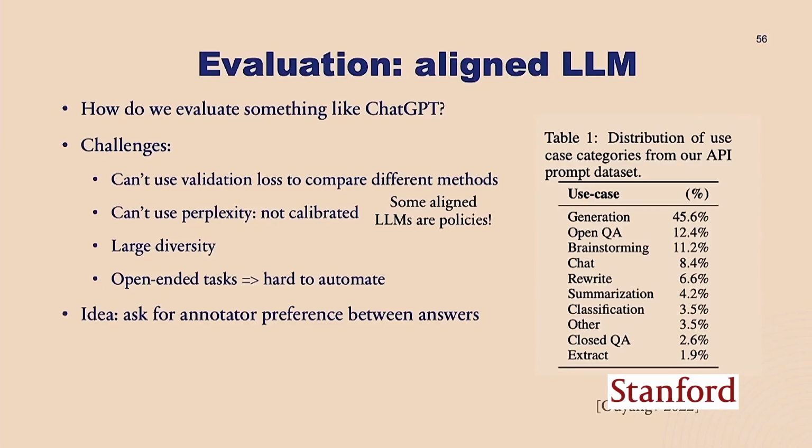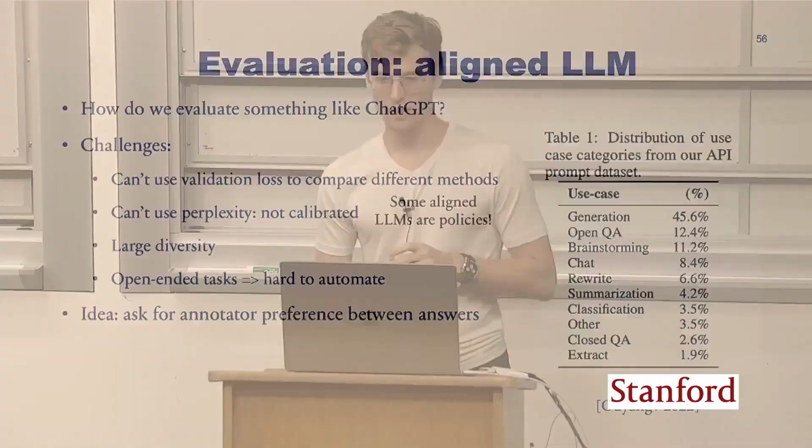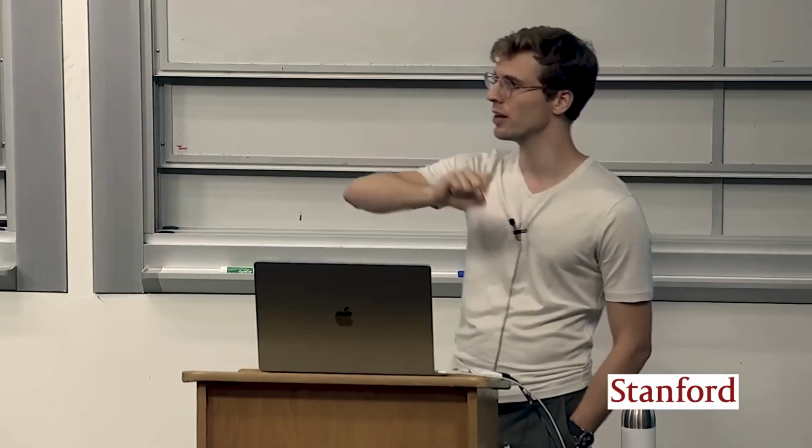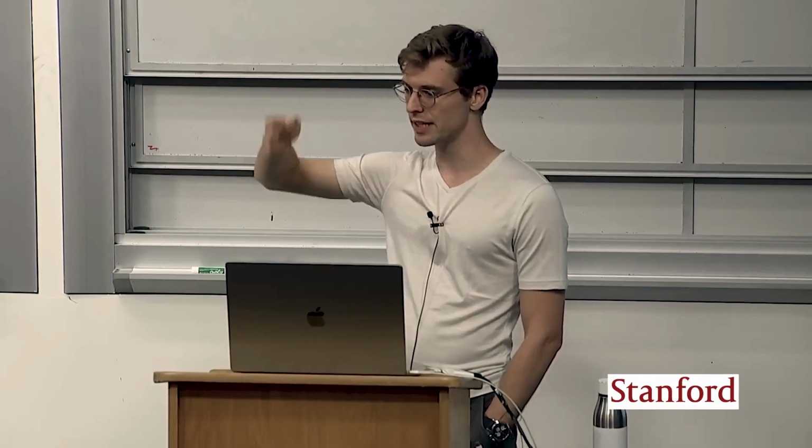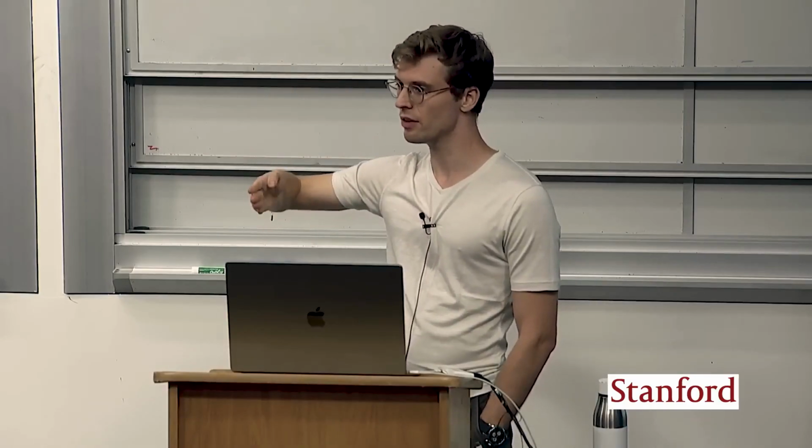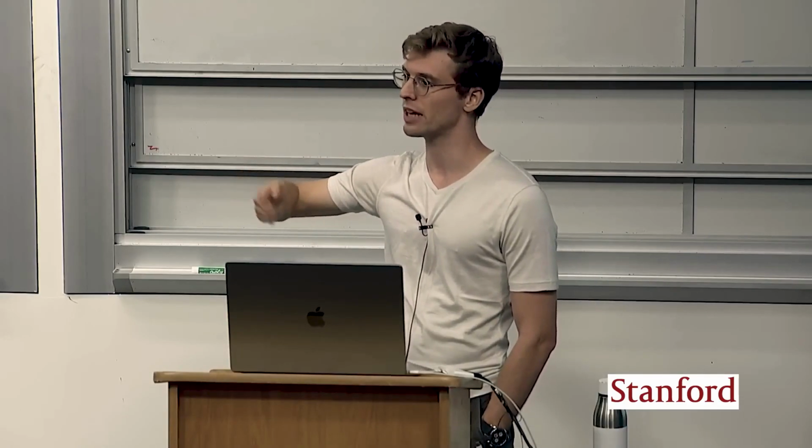Yes? I'm not sure I understand what you mean by "can't use perplexity, not calibrated." The LLM is still doing next token prediction, right? So why can't perplexity do this? Think about the optimal solution after doing PPO: it's basically one model that gives you essentially a delta, saying there's only one sentence that could be generated for that question.